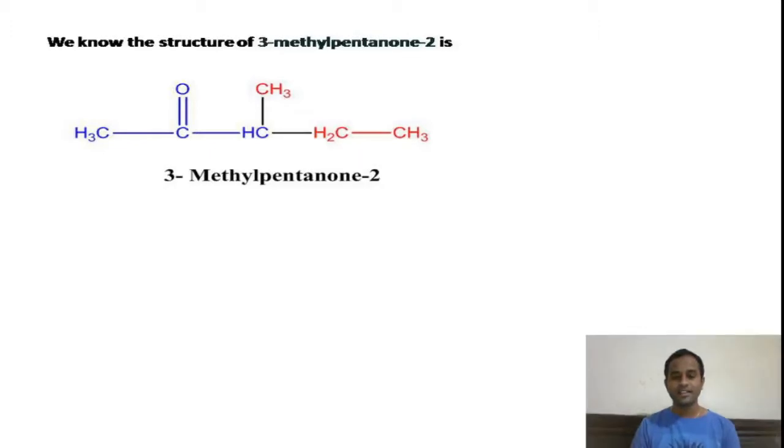The main chain has 5 carbons, with the keto group at the second position and a methyl group as a substituent at the third position. Right? This is the 3-methyl 2-pentanone compound.